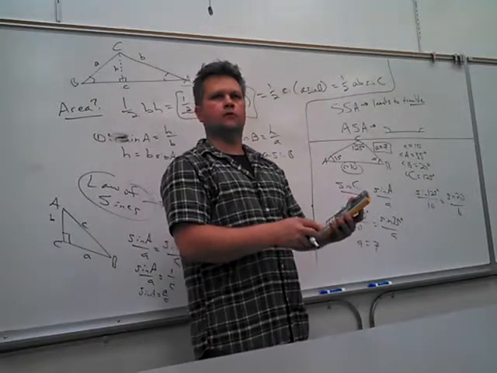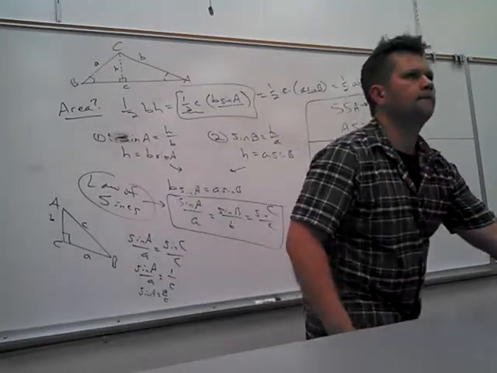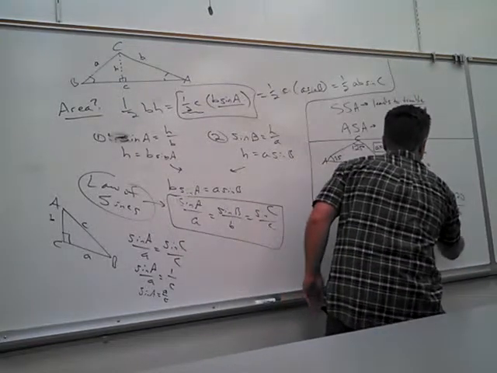So what do you guys get for that? 4.175. Yep. B is about 4.18.